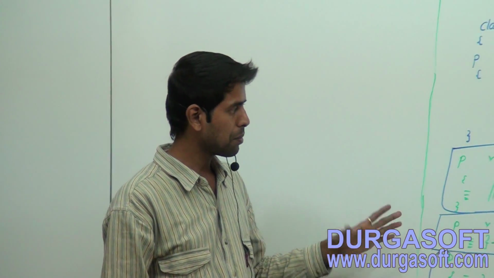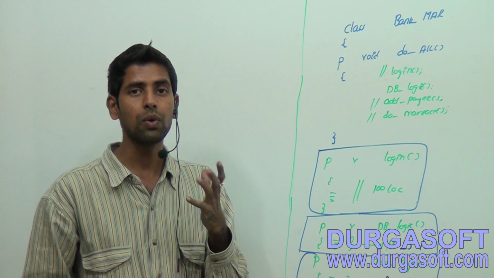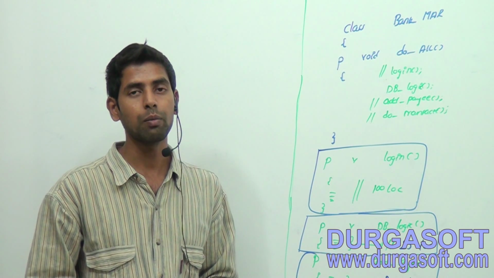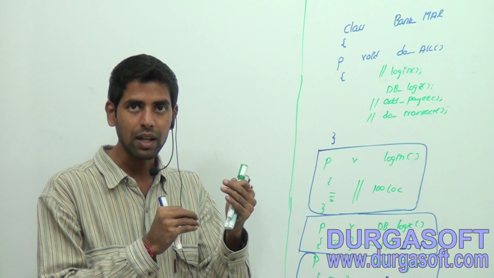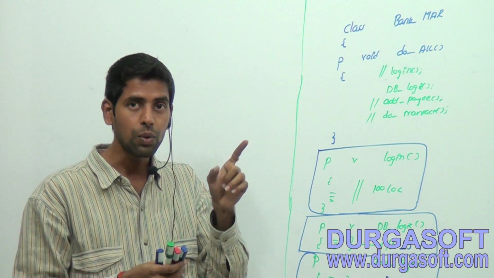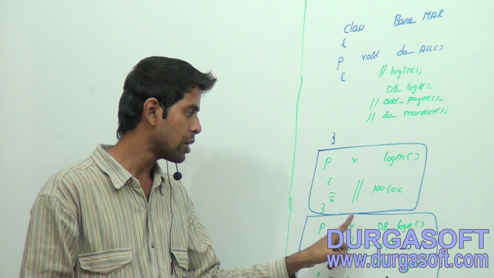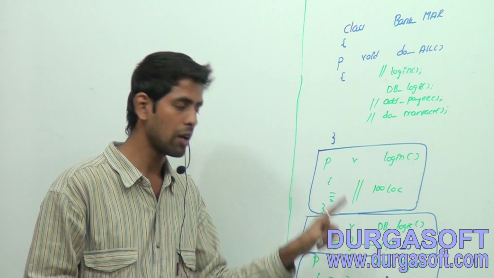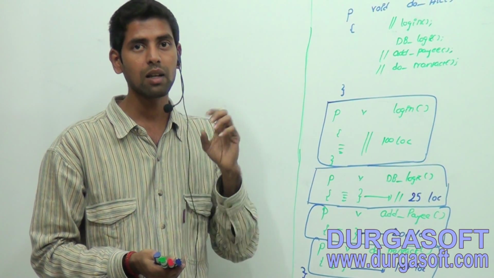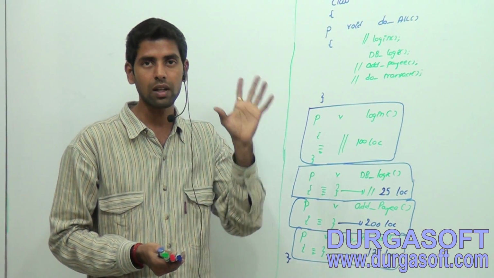Of course you can maintain the code this way, no issues, but to improve readability and modularity, it is highly recommended to maintain separate, individual classes for different or unique functionalities. This is login logic, this is DB logic, this is add payee logic, and this is do transact logic. So it is highly recommended to maintain different logics in unique classes.